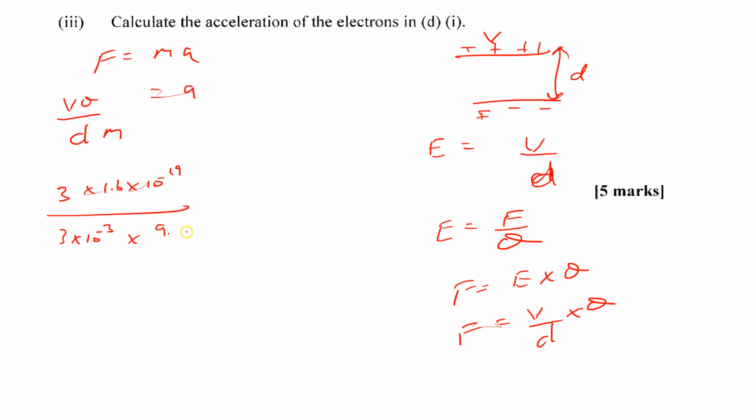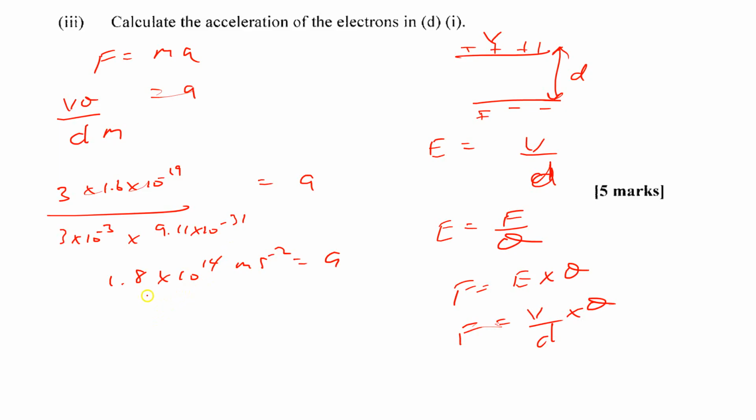The mass of the electron would be 9.11 times 10 to the minus 31. This is going to equal A. Once you work this out, you should get a value of 1.8 times 10 to the 14 meters per second squared as your acceleration. That's the value we're looking to get.